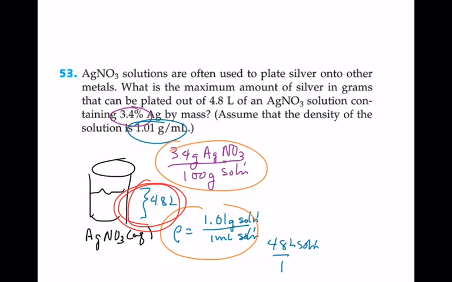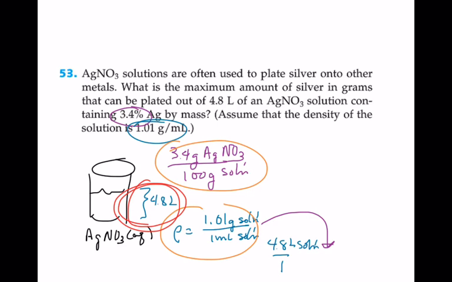So the next thing I can use is my density. But I can't use it right off the bat because density has milliliters in the denominator instead of liters, so I'm going to have to fix that first. If I convert liters to milliliters and insert density, I have milliliters down there, then I have grams of solution.